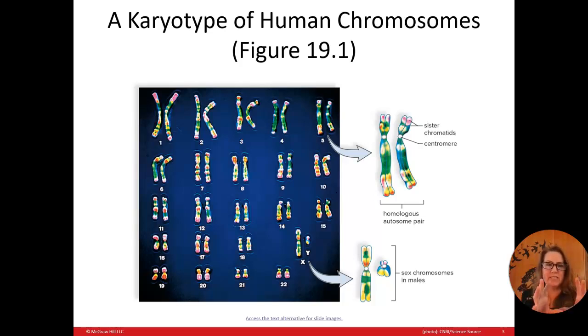A karyotype essentially is an illustration, if you will, of all the chromosomes that a particular person has. Now, for example, if I was having fertility issues and I've been trying to become pregnant, after serious trying for a couple of years, I might go see a reproductive endocrinologist or just go see an OBGYN.